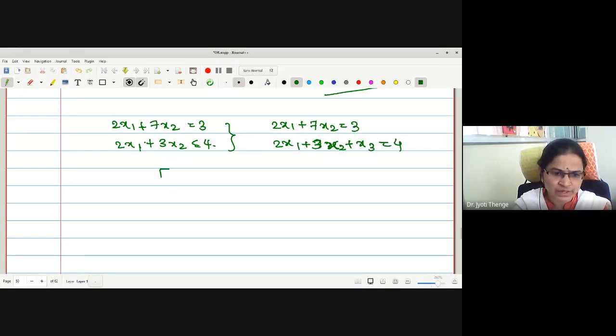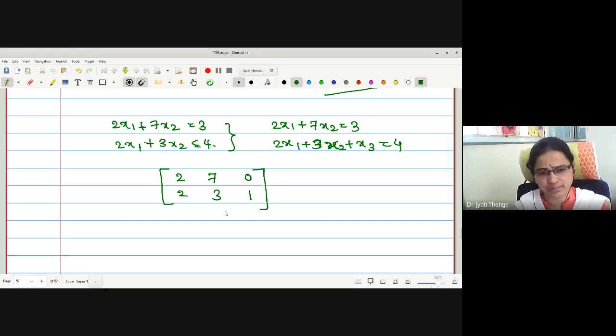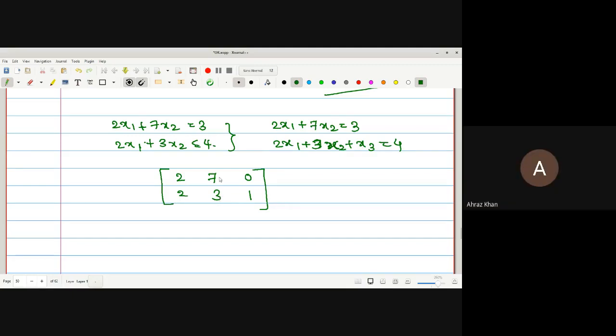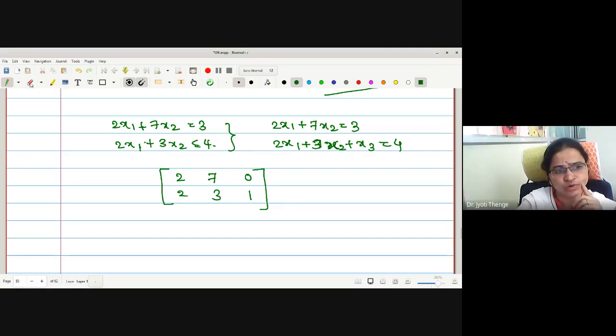What will be the coefficient matrix in this case? For x1, 2, 2, for x2, 7, 3, for x3 it is 0, 1. Correct? We have 3 variables. Does it form an identity matrix? No, it is not going to form an identity matrix. Which column is missing? The first column is missing.